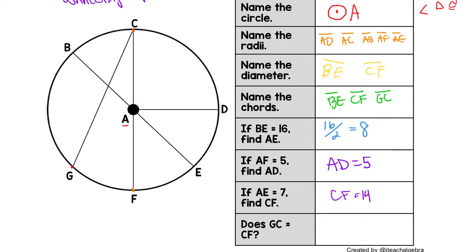So I can say that no, GC does not equal CF because a chord that does not go through the center is shorter than a diameter.